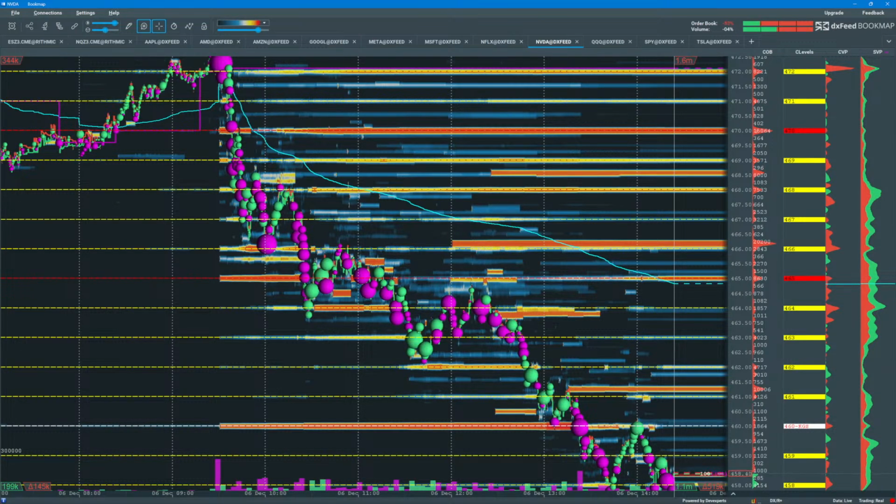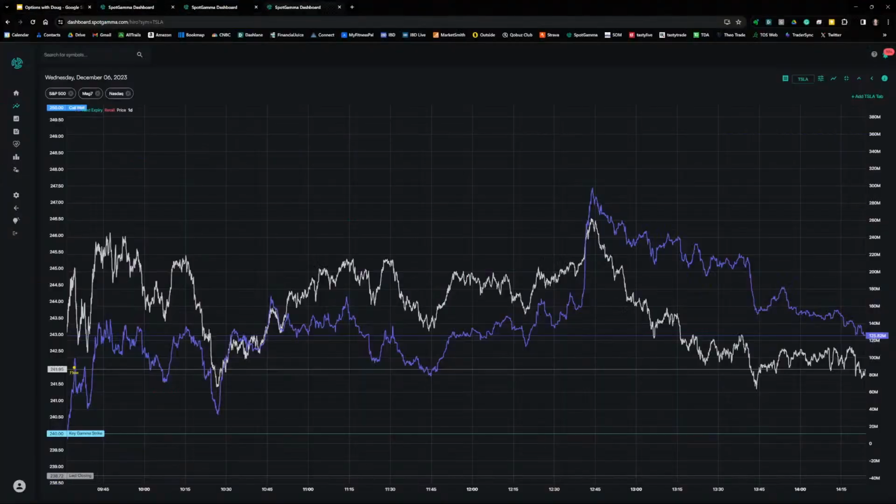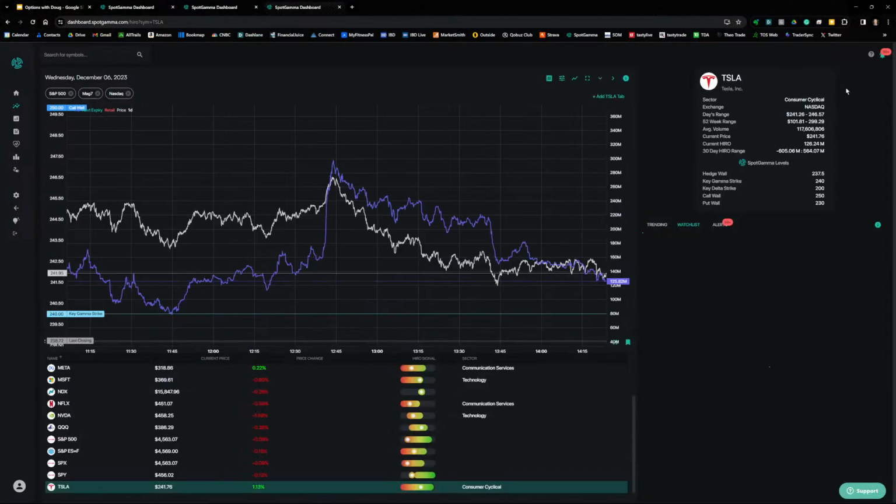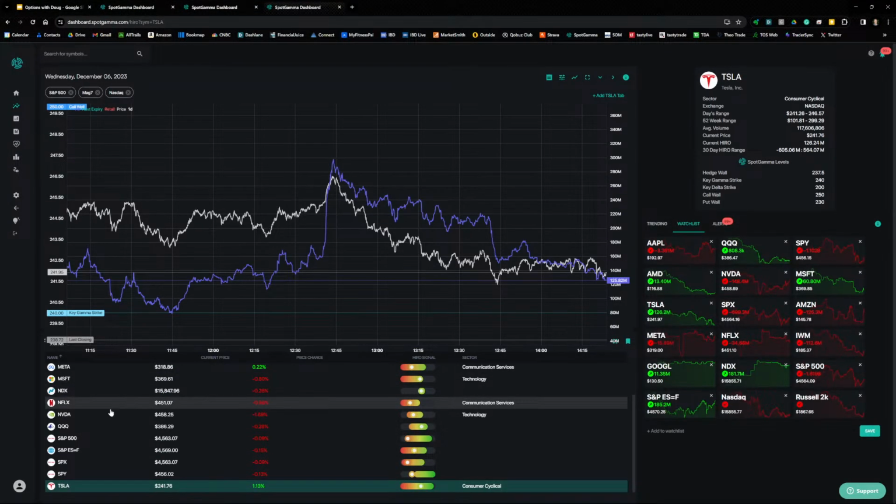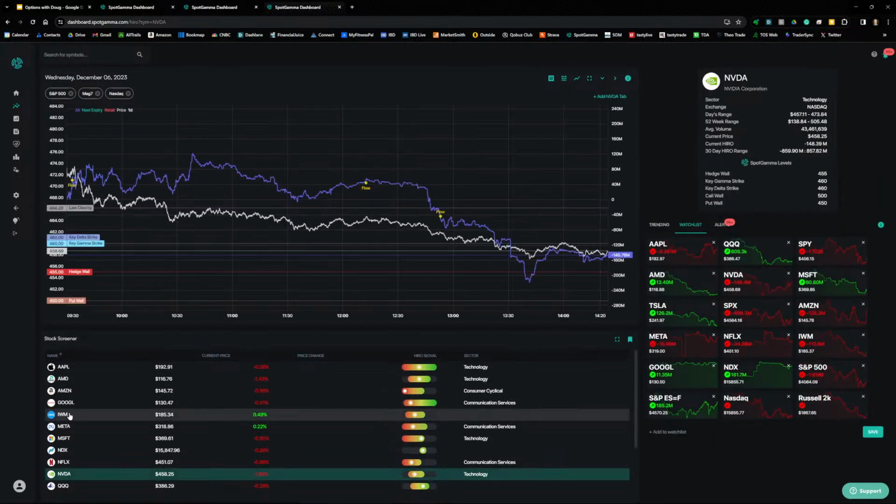I posted a setup for NVIDIA yesterday evening. Posted that in Discord and on Twitter, X. Or let's go take a look at Hero. Go to NVIDIA.